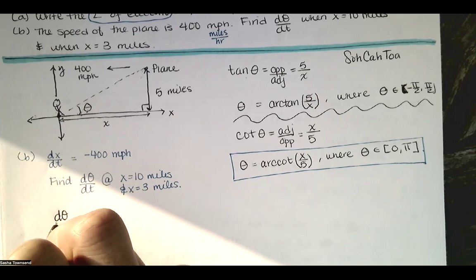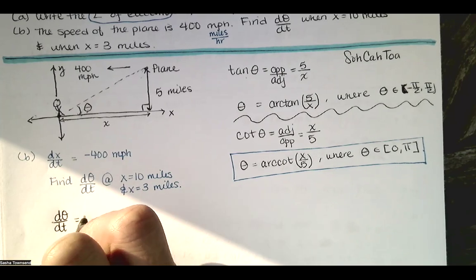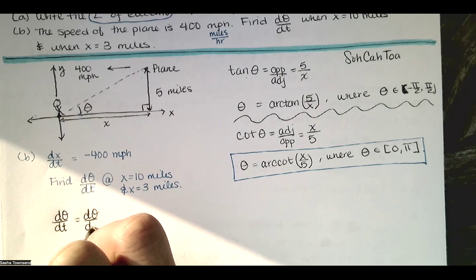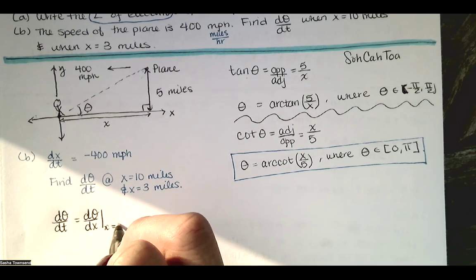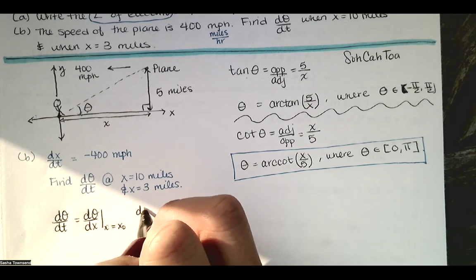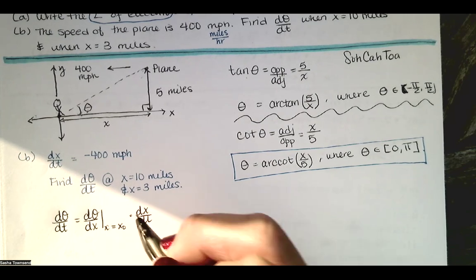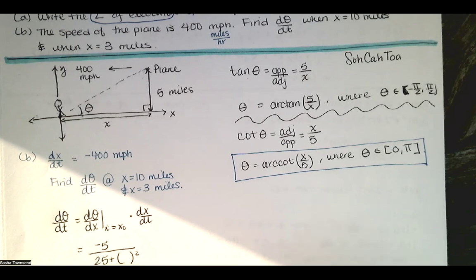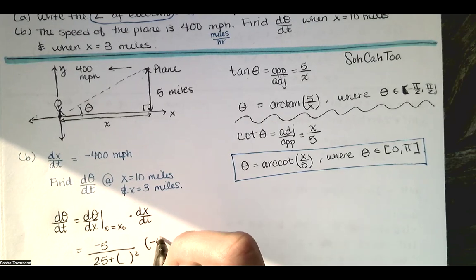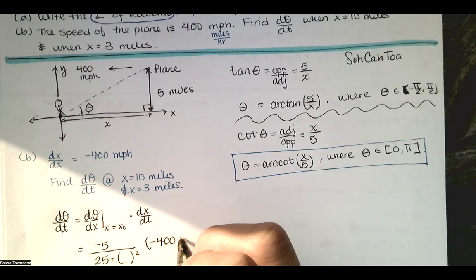So we have d theta dt equals d theta dx, evaluated at x equals a particular value, I'll just call it x naught, times dx dt. So we're going to have negative 5 divided by 25 plus x squared times dx dt, which is negative 400.